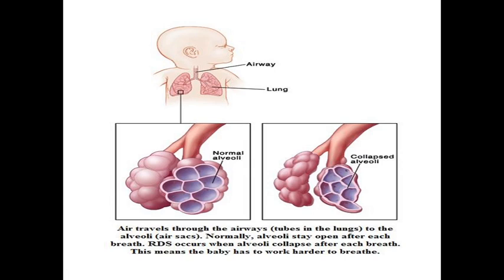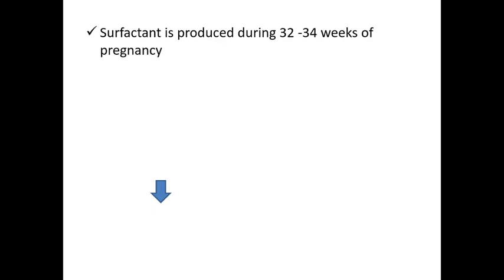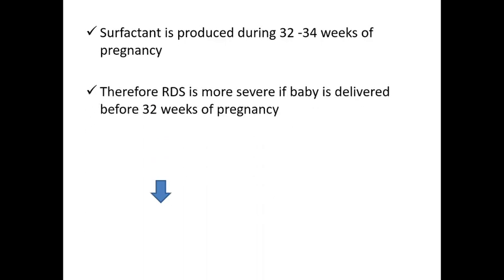So the amount of oxygen taken into the body is low, and the body needs oxygen for its functioning. That is why respiratory distress syndrome is dangerous. Surfactant is produced between 32 to 34 weeks of pregnancy.